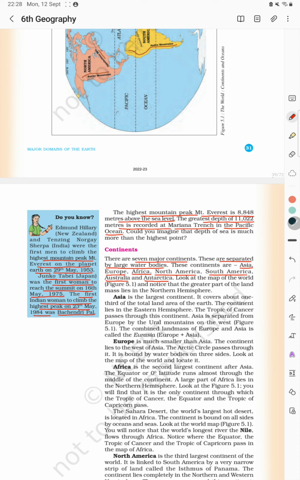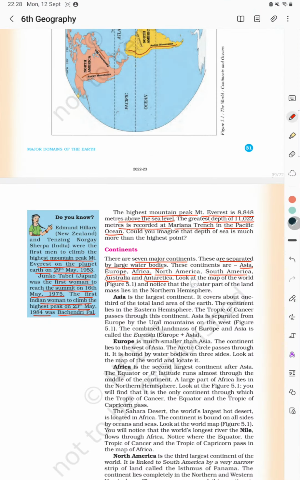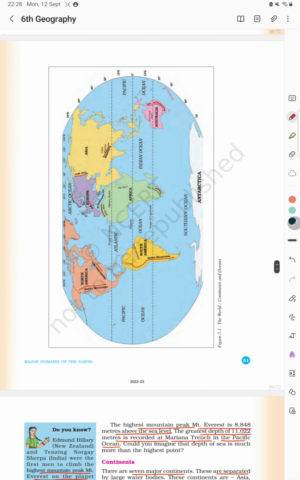So let us look at the map and observe the continents. So this is our Asia, Europe, Africa, North America, South America, Antarctica and Australia.